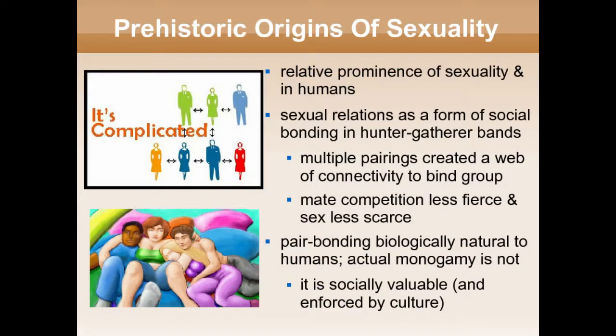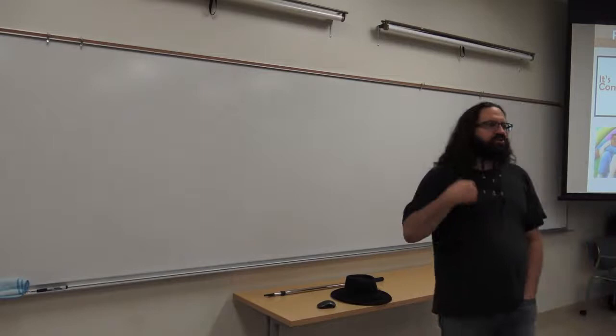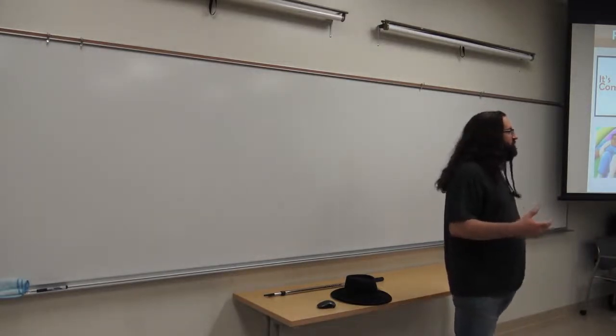Right? And multiple pairings actually provide certain advantages to the band in that sense. If you have 2 lovers or 3 lovers within the band, and they have 2 lovers or 3 lovers, guess what? We're all sleeping with each other. Right? And we all have a better reason to cooperate, to work together, to trust each other, right?